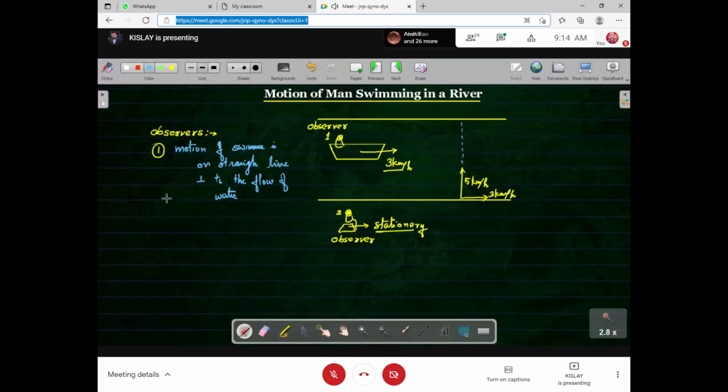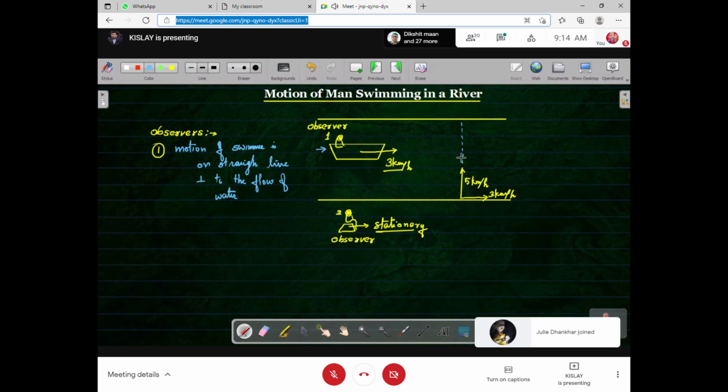Listen carefully, I'm talking about observer 1. This observer observes that the person is moving on a straight path perpendicular to the velocity of water.